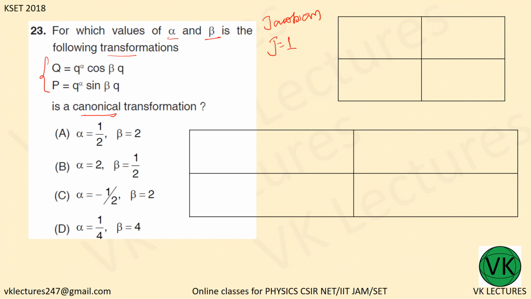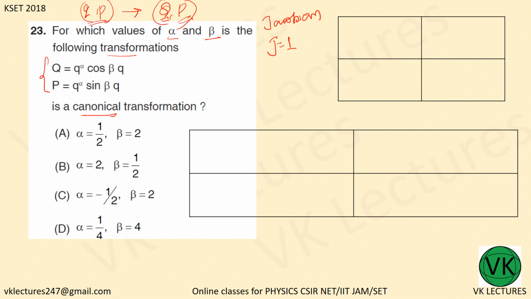Now what we are doing is, you have coordinates small q and small p, and you are moving into capital Q and capital P, which means your capital Q should be a function of both small p and small q, and your capital P also must be a function of small q and small p.